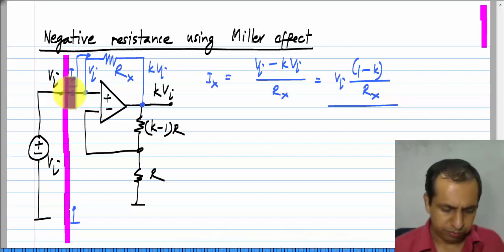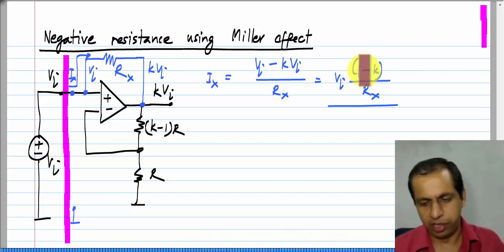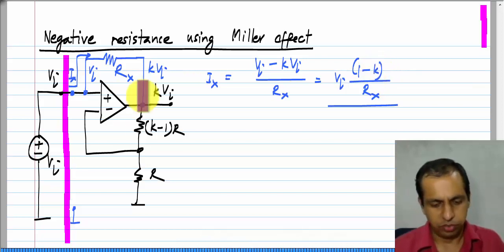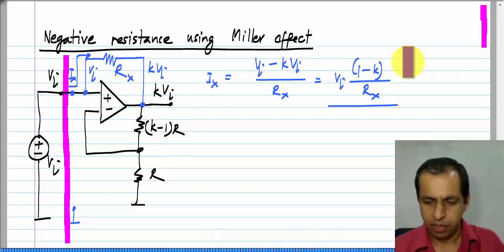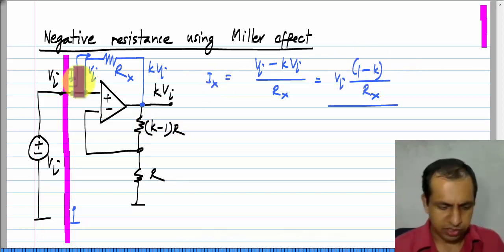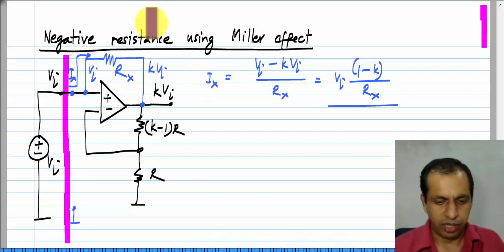Now, you can see that this Ix will actually be negative because this k will be greater than 1. Okay. We will assume that k is more than 1 because we are making an amplifier of gain k. K is at least 1, and in this case we will choose k to be more than 1, so that this k minus 1 is a positive number. Okay. So, this Ix in this direction will be actually negative.